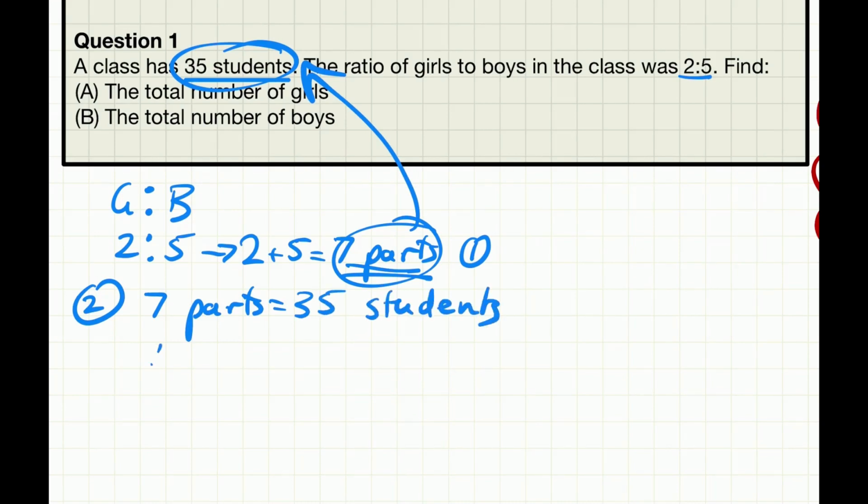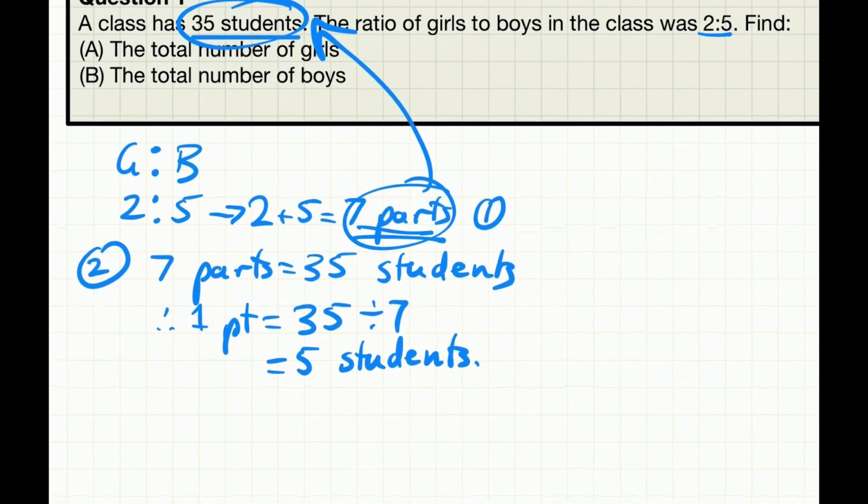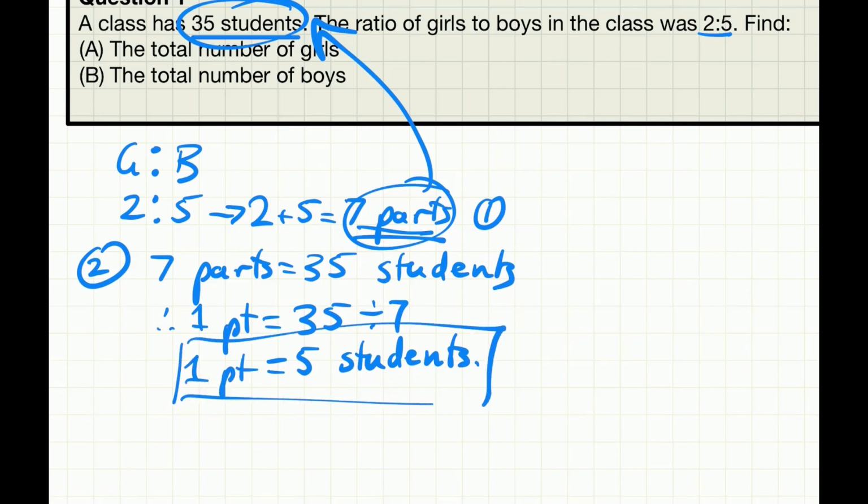So one part is going to be equal to 35 divided by 7, which is equal to 5 students. And then from here, we can move on with step 3 and answering our questions, where we can work out the total number of girls and the total number of boys by multiplying how much one part is worth by how many parts we need.